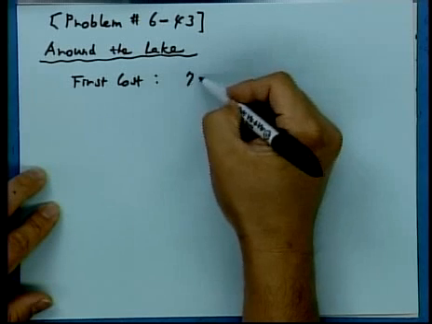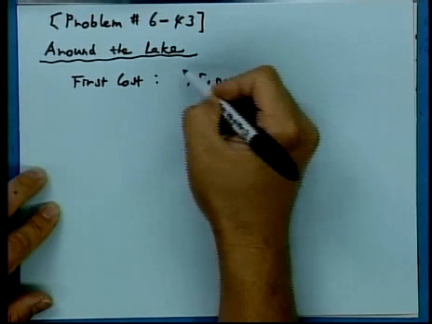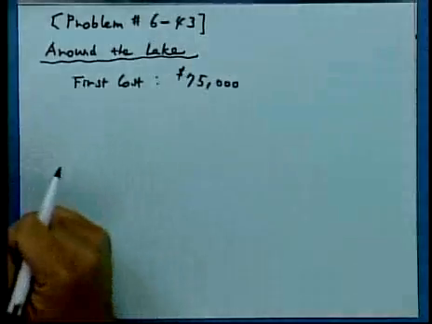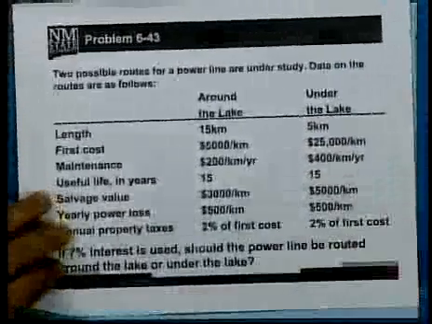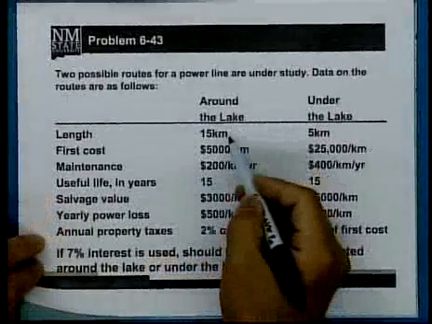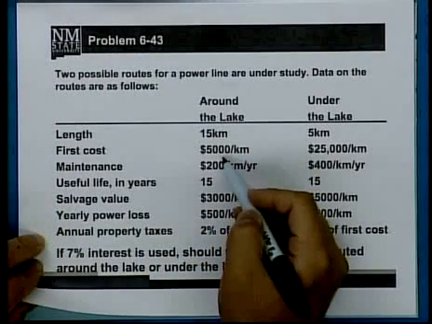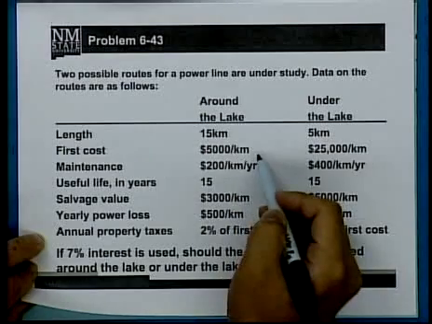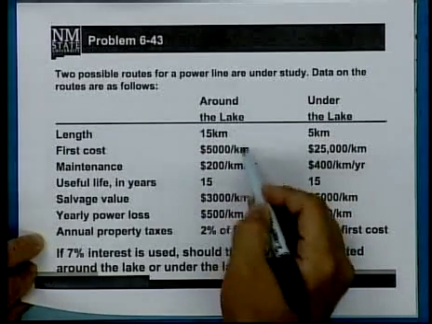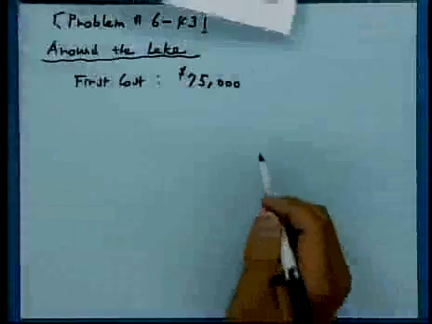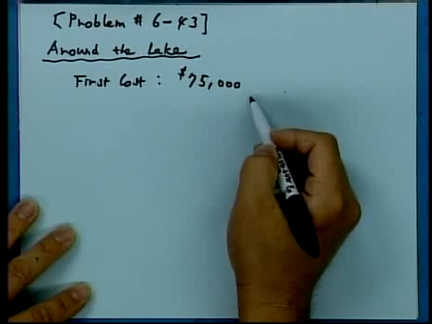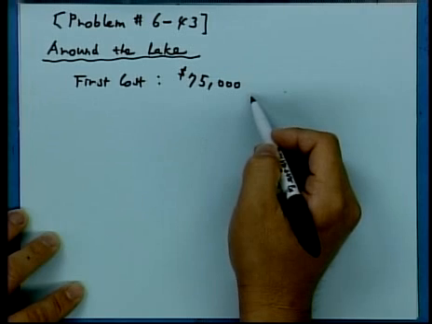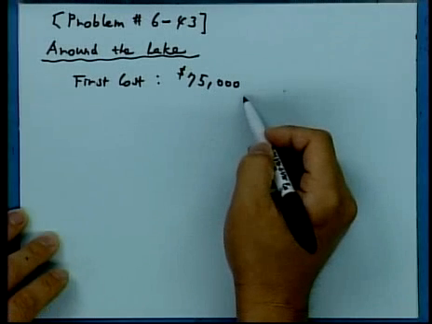That's going to be $75,000. Why is that? Because the total length is 15 kilometers, and the first cost is $5,000 per kilometer. So you need to multiply these two numbers. Then you will get $75,000. Okay, 15 times 5,000 becomes 75,000.